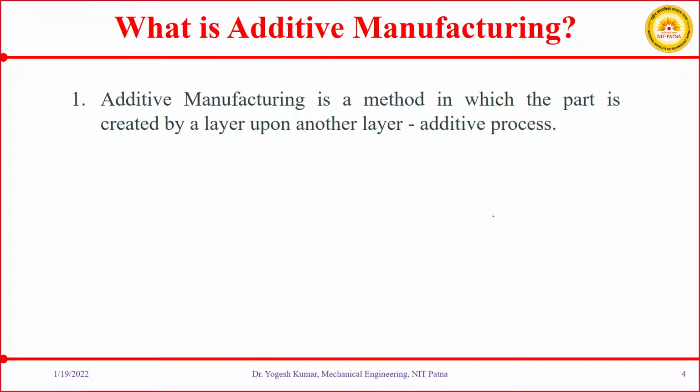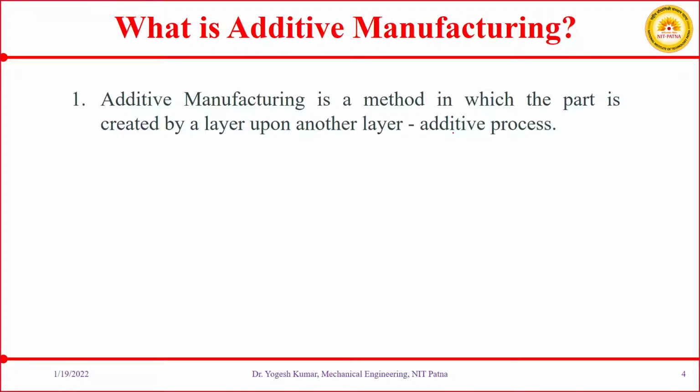The first question is still not answered: what is additive manufacturing? Additive manufacturing is a method in which a part or product is created by a layer upon another layer, or you can say a layer is added on another layer.